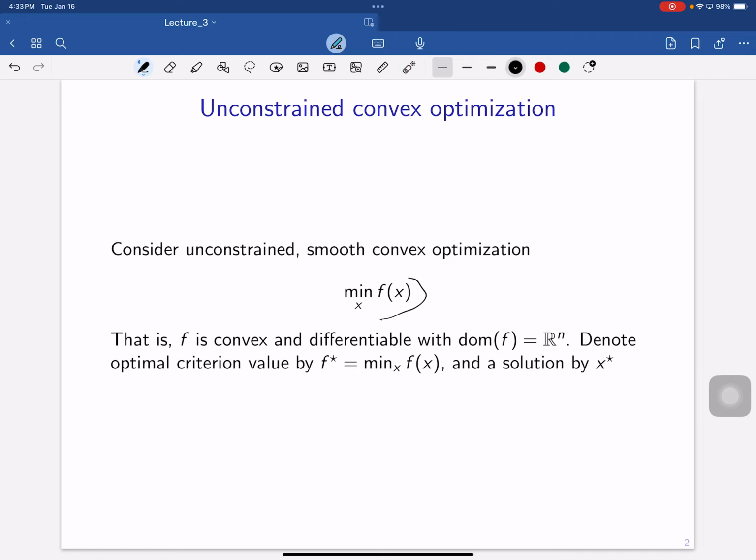So in this class, x is in Rn, and we assume this function is differentiable and convex. We denote the optimal value of this problem as f star and the solution by x star. That's one of the easiest problems you can solve in practice, and a lot of other optimization algorithms are built on unconstrained convex optimization.